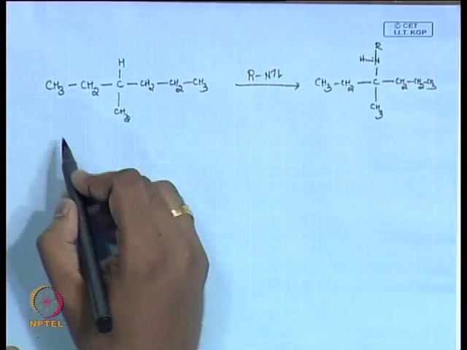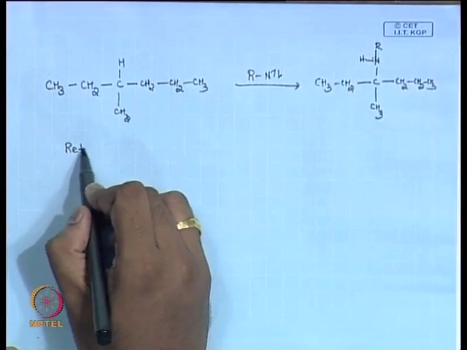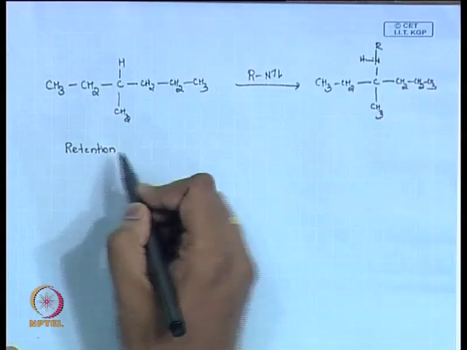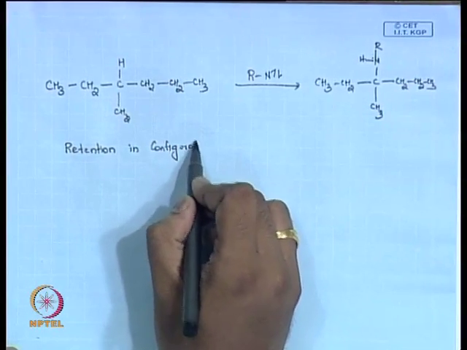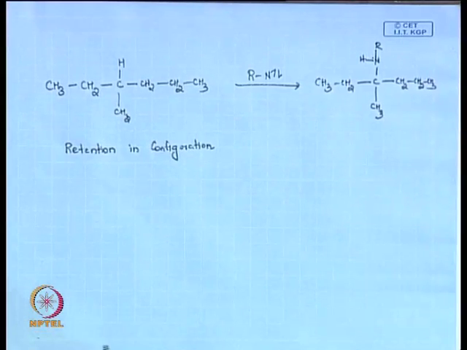So, what happens in this case is that you get retention of configuration. Singlet carbene also gives retention of configuration, but it is random. Singlet nitrene is very selective, with retention of configuration. Fine.